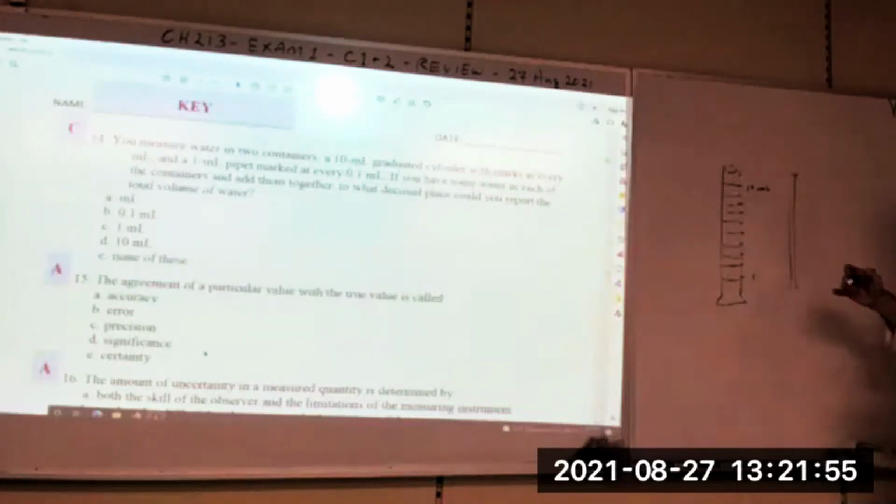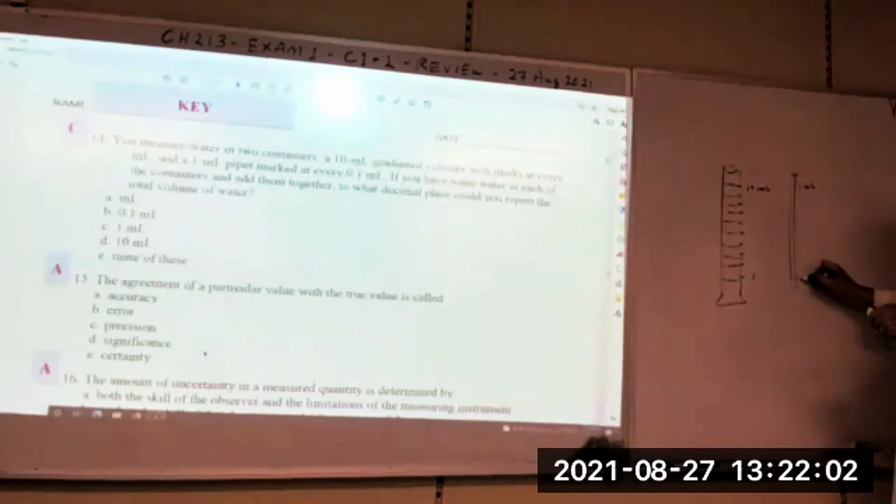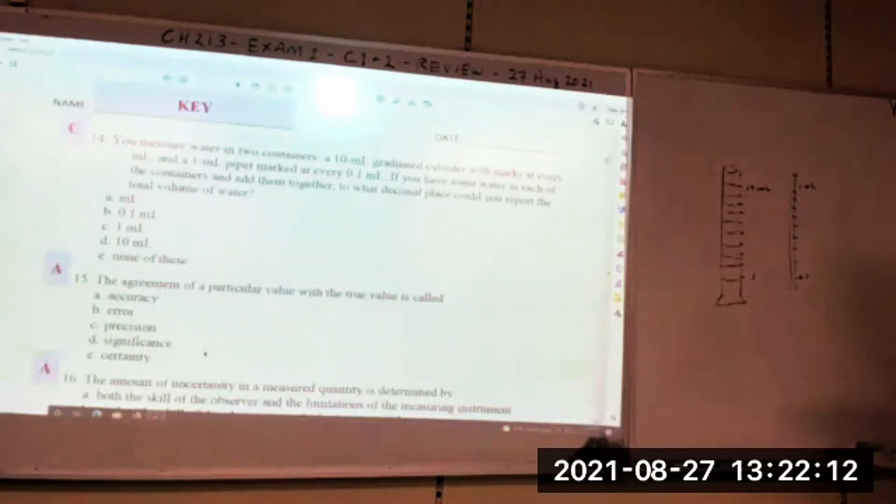But it'd have to be thinner, wouldn't it? So this one is marked at 1 mil total. And this one is 0.1. Those are supposed to be evenly spaced. Oh, that's a pipette, excuse me.